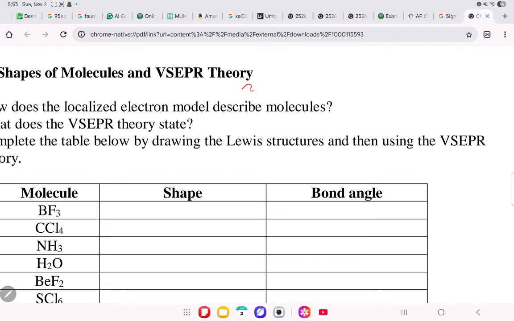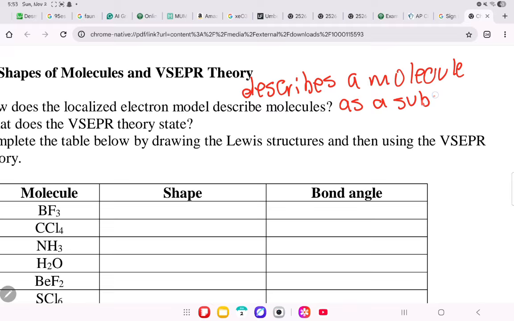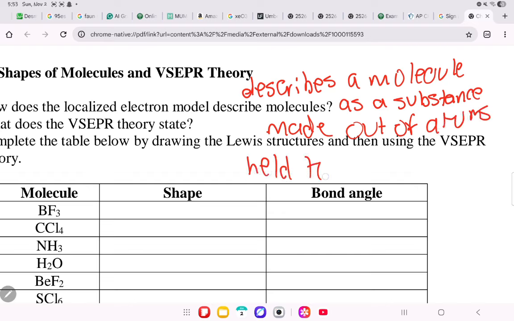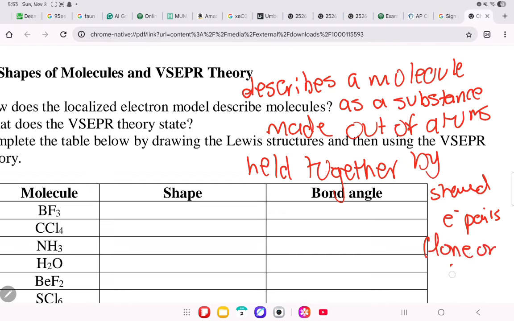So if we were to write it, it describes a molecule as a substance made out of atoms held together by shared electron pairs, and that's either a bond or a lone pair, so either lone or bonded.